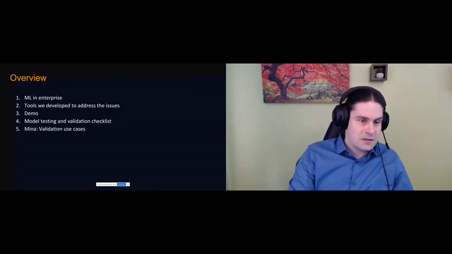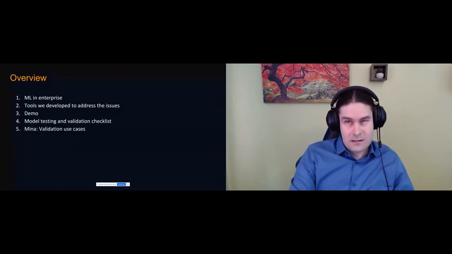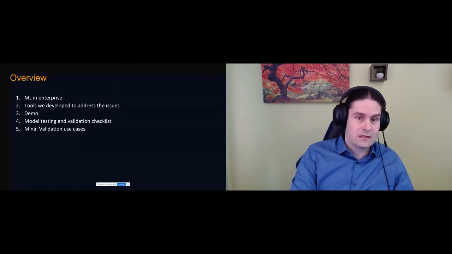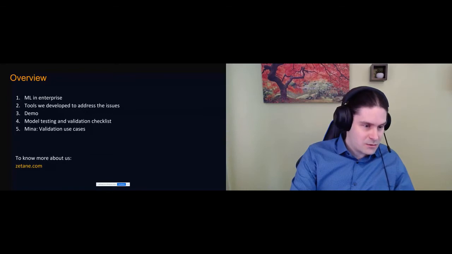And after this, Mina will show us use cases of applications of using those tools to find pretty important optimizations and gain deeper understanding in the models. And if you want to know more about us, that's our website, zetane.com.